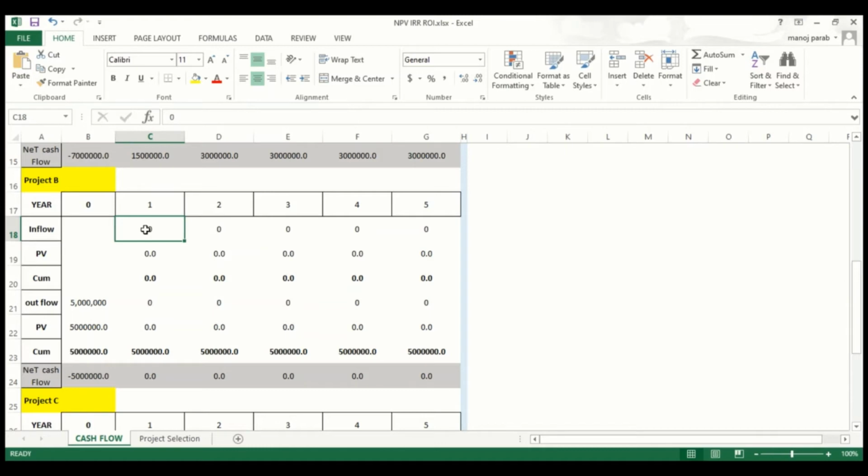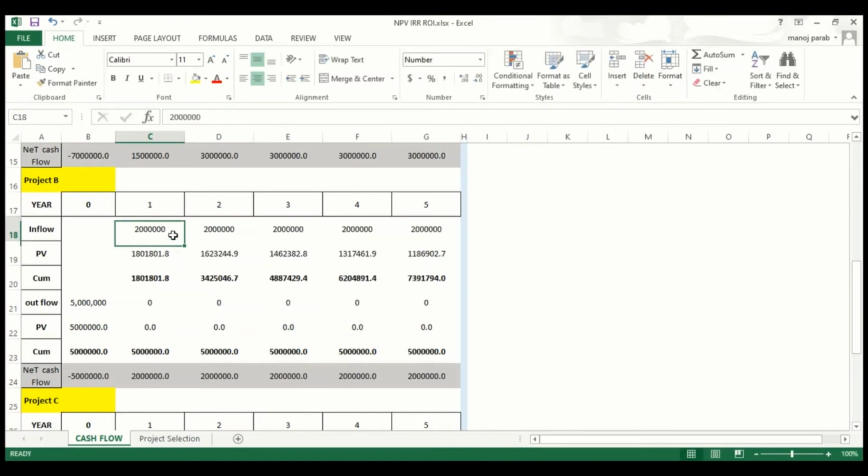Inflow will be 20 lakhs. Here the outflow is 9 lakhs. In the same way this formula is set for present value. We have calculated the present value.